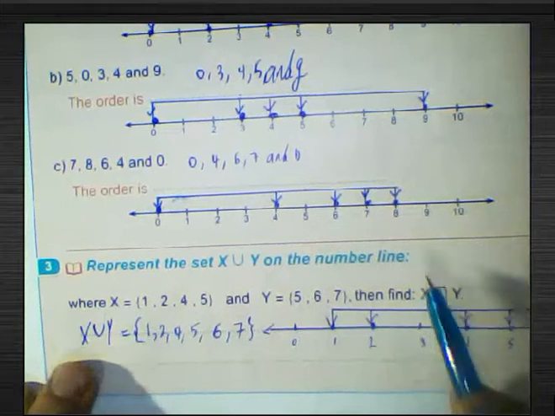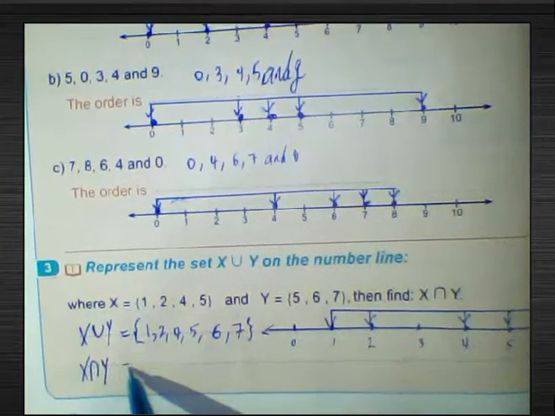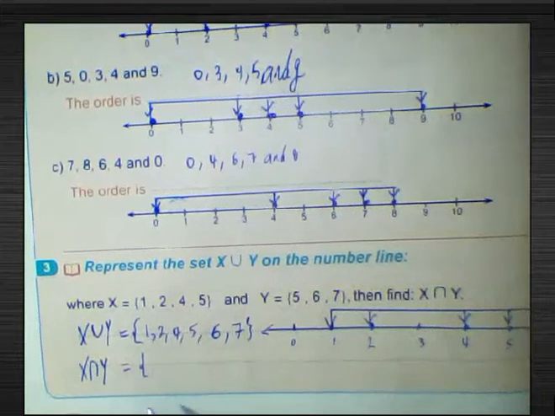Then find x intersection y. We can write the common element between x and y in these brackets.